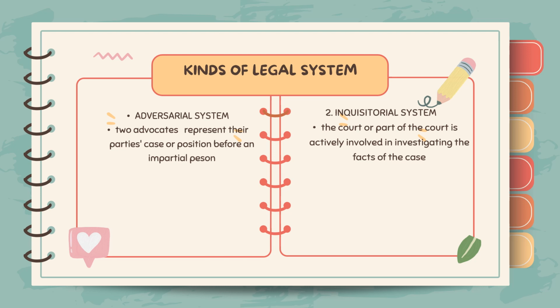It's a legal system used in common law countries where, as you can see, there are two advocates, two parties, the defendant and offended party, and there is a judge, an impartial person who attempts to determine the truth and pass judgment accordingly. Inquisitorial, on the other hand, the court or part of the court is actively involved in investigating the facts of the case.